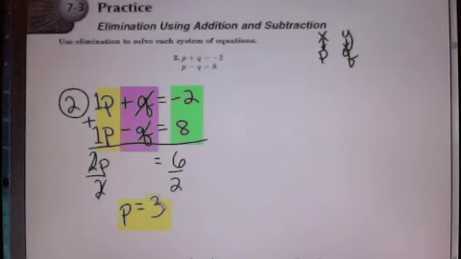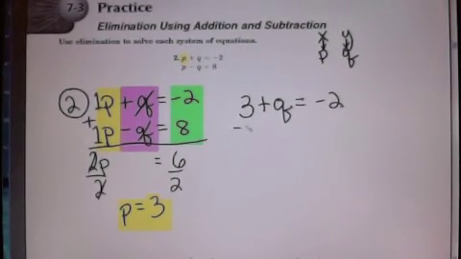Once I've determined the value of p, I can substitute this number 3 into either one of these equations. I'll just pick the top one, and we'll solve for q. So instead of p, we'll write 3 plus q equals negative 2. Subtract 3 on both sides.